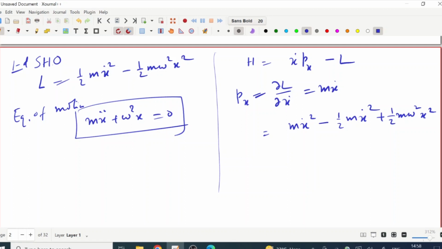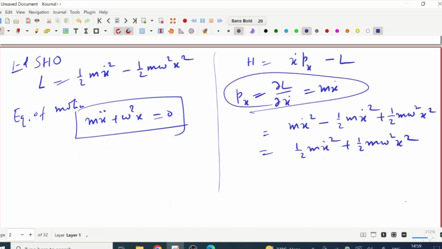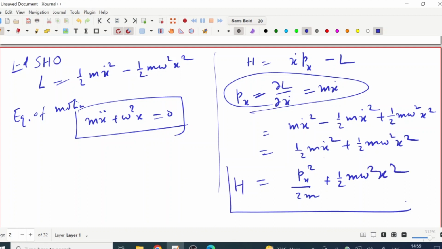But x dot is also p by m, right. But I am repeatedly saying that your Hamiltonian cannot be a function of x dot. So, you have to substitute this x dot using this relation to write the Hamiltonian in terms of momentum. If you replace, it will be p square by 2m plus half m omega square x square.